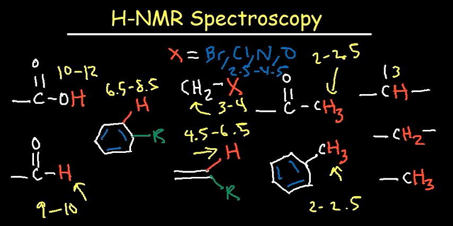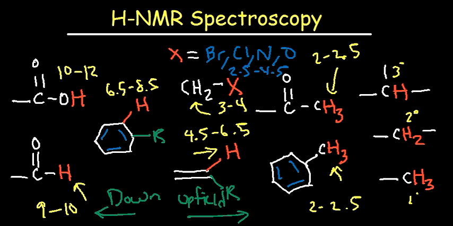Now here we have a tertiary carbon, secondary, and a primary. The primary carbons are usually upfield. Upfield, the numbers are lower, like 1 and 2. Downfield, it's higher, like 10, 11, 12. So upfield signals are towards the right. Downfield signals are towards the left. So the hydrogens attached to the primary carbons are usually upfield.